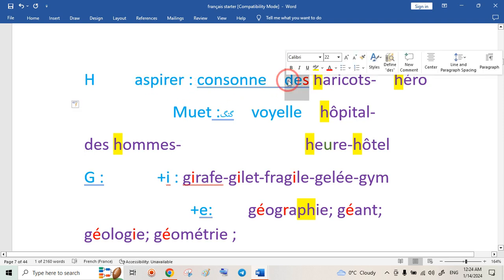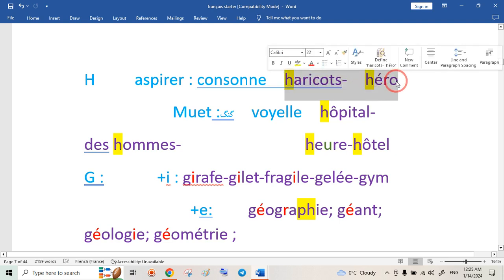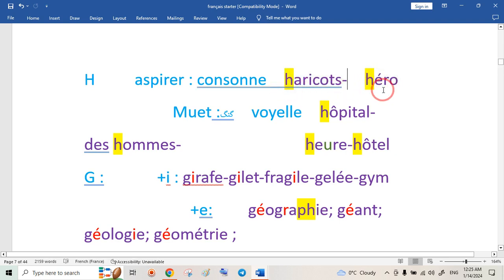Perhaps now you are wondering how we can understand whether this H is muet or aspiré. Guys, it's not a very important thing. I told you the rule, but just know these two words, héros and haricot. They have H aspiré, and we cannot do the liaison before them.